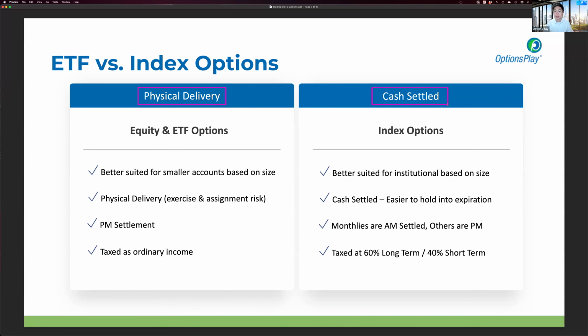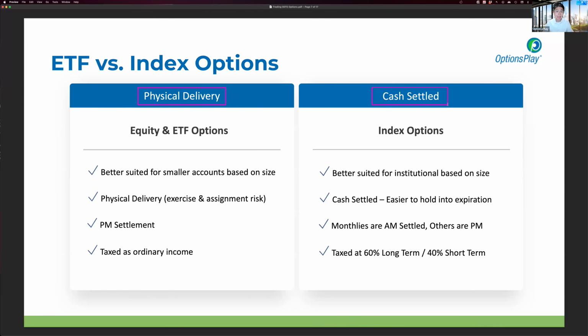And this is really where index options come in, because whatever gains and losses you have on the call or put that you're trading, whether it's in the money or out of the money, those options will be settled in cash, or rather it's only the in the money options that will be settled in cash. But whatever differences you have in P&L, you will never have to deal with physical delivery.